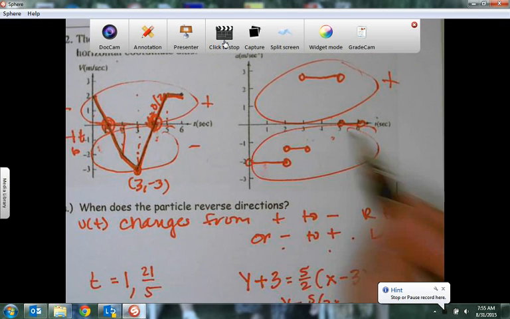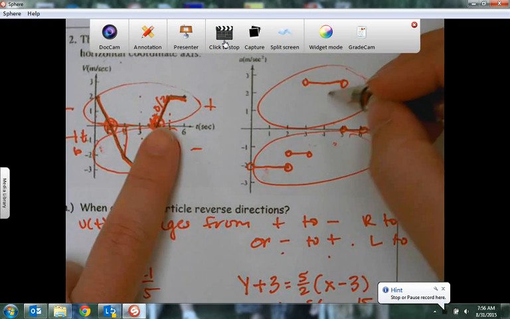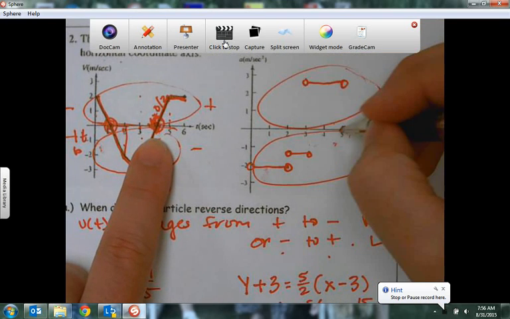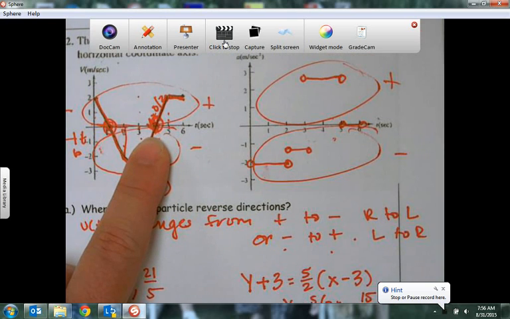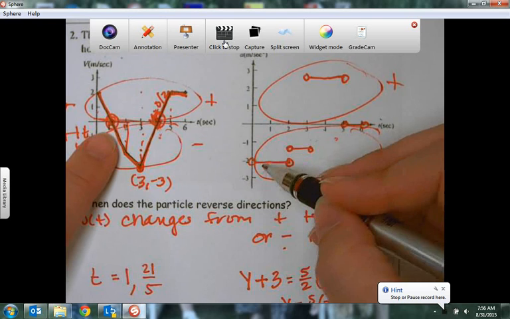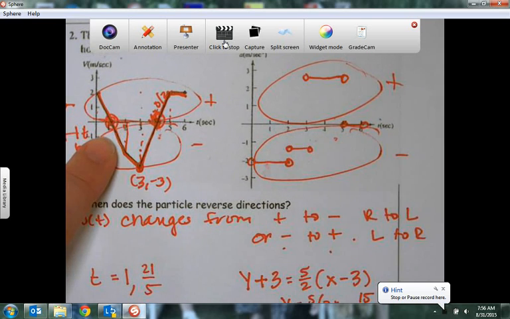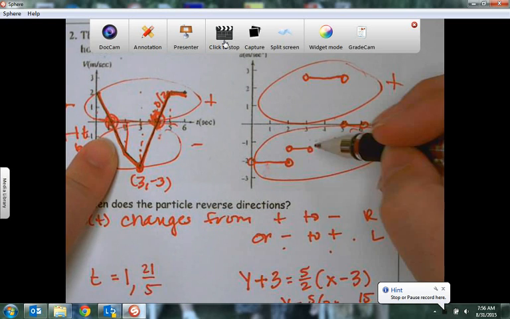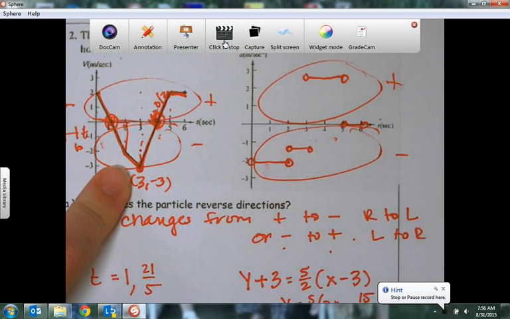So I got to see where they happen to have both positive or both negative. So both positive, let's see, would occur from 4 to 5. And both negative, let's see, would go from 1 to 2, 2 to 3, and that's all.